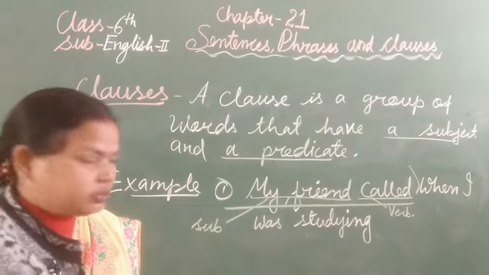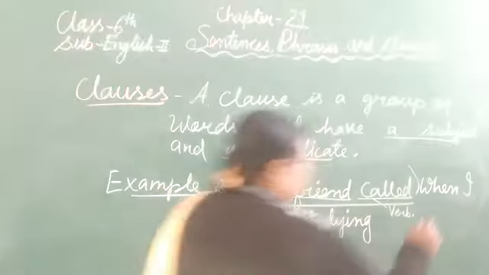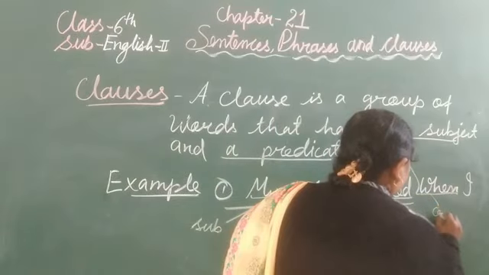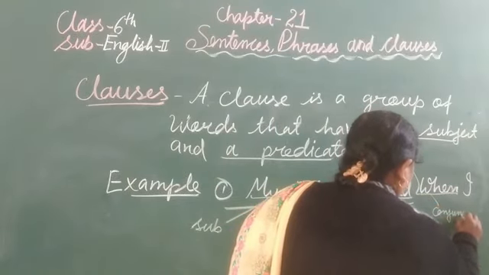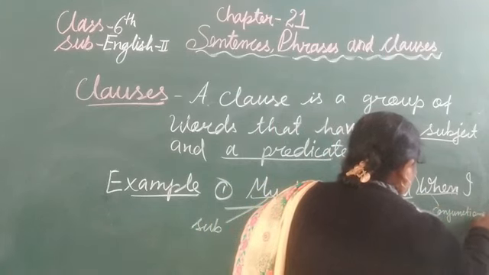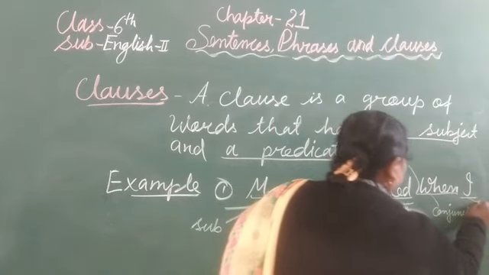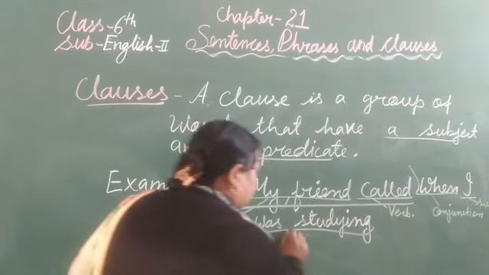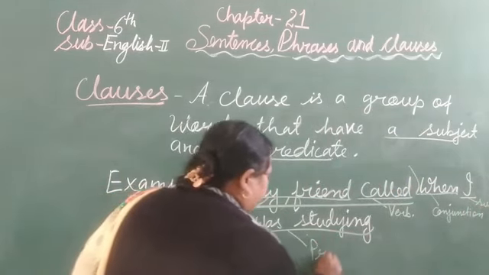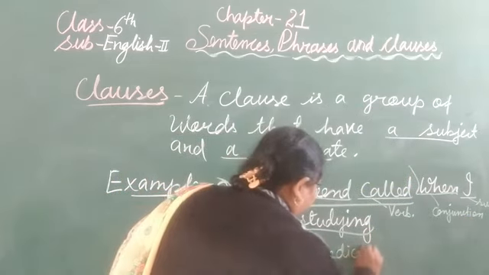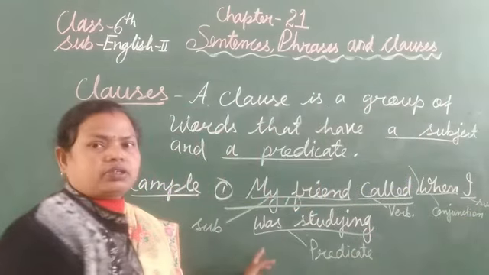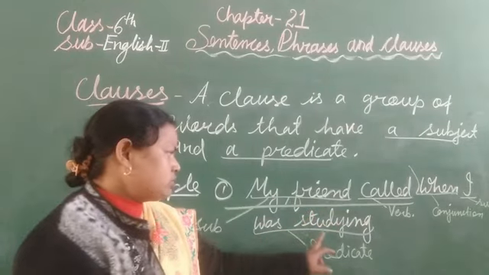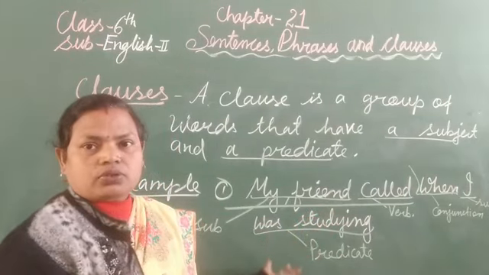Okay? And if I say the next part, when is a conjunction. I is a subject here, and was studying is a predicate part. So in this way we can say I was studying is also one clause.